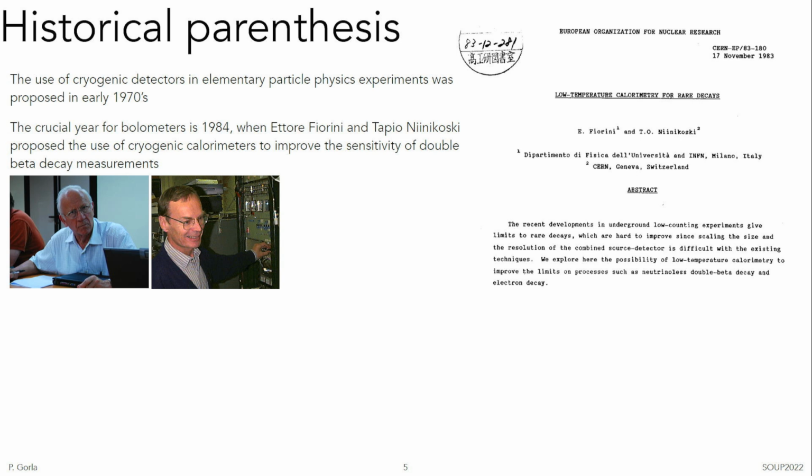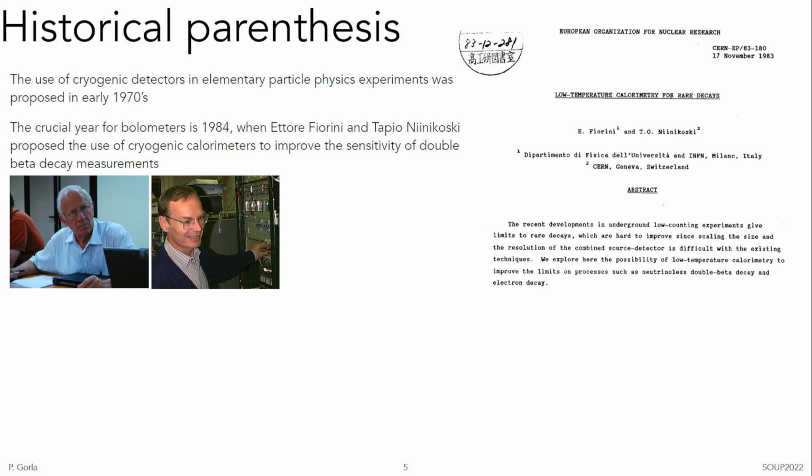The actual story I was told by Ettore was that he was in CERN for different business, and Niinikoski was characterizing very low temperature resistors, and he found a lot of spikes in this resistor.